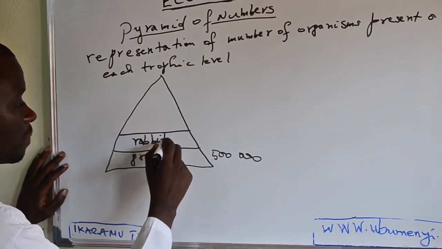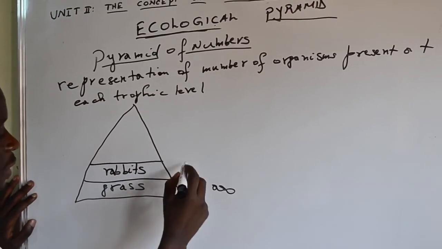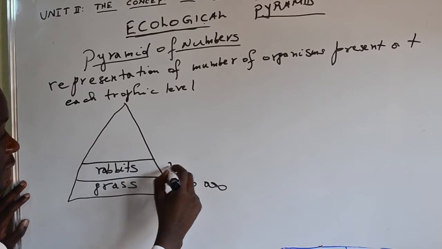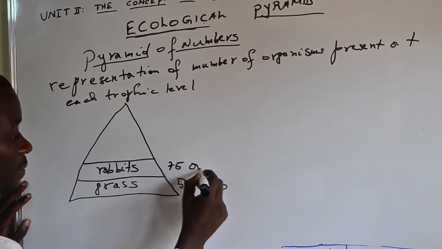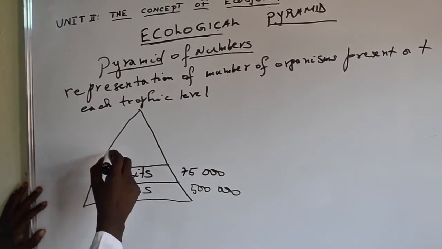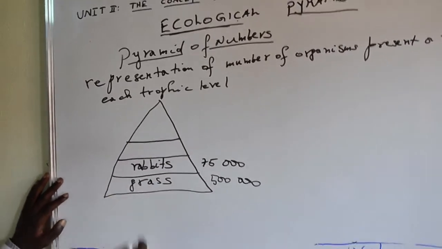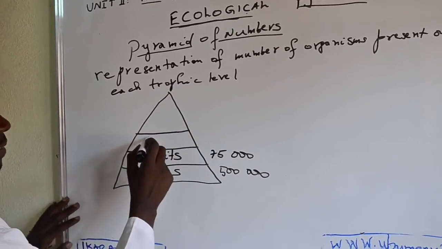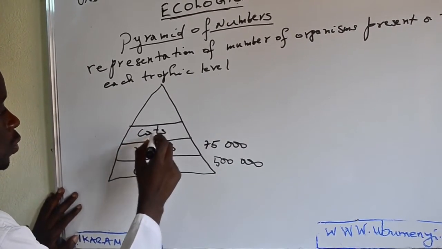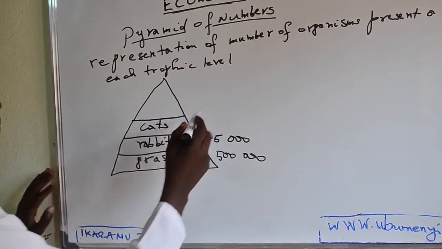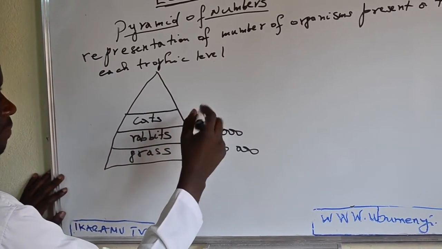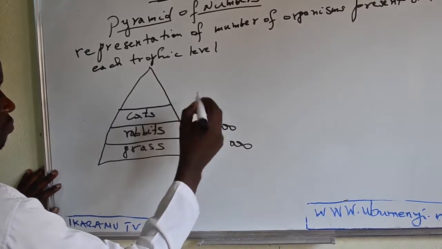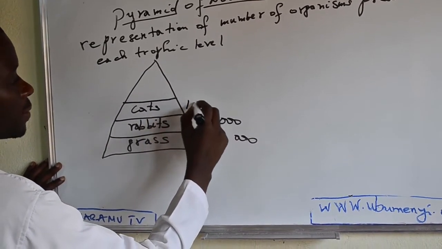The rabbits will be of a smaller number, like 75,000. These rabbits can be eaten by, for example, carnivores, which will be of a lesser number as well, like 100.